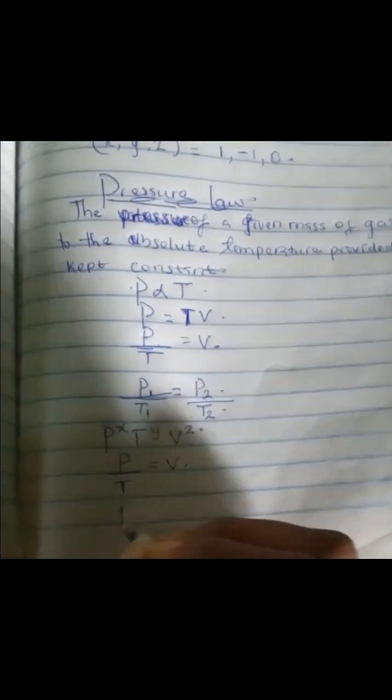Then to find the values of x, y, z, pressure x, temperature y, and the volume z, like we've done before, that is, P over T equals constant, then P with the power 1, T taken up turns to minus 1, and V with the power 0.